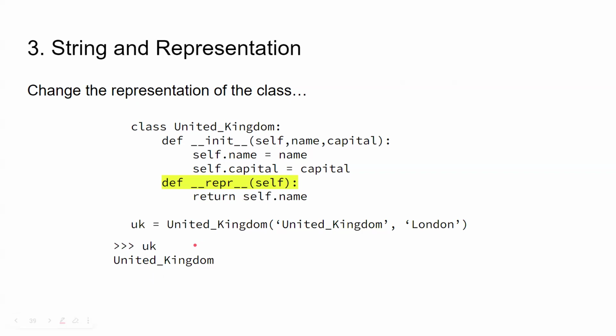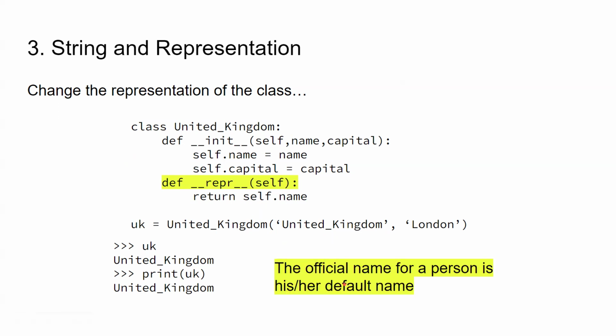And also, when I want to print that, although I didn't actually change the string, the string will go along with the representation. I'll return self.name, also United Kingdom. So when you change the representation, you also change the string type. The official name of a person is his or her default name, which makes sense.